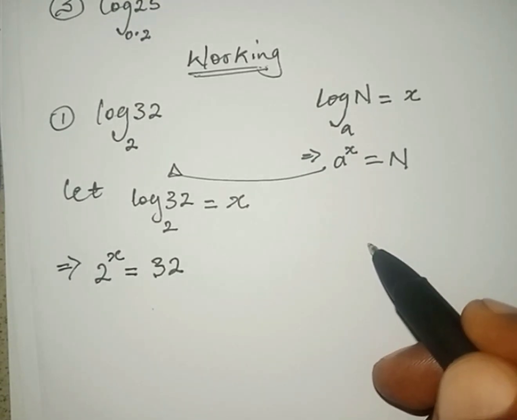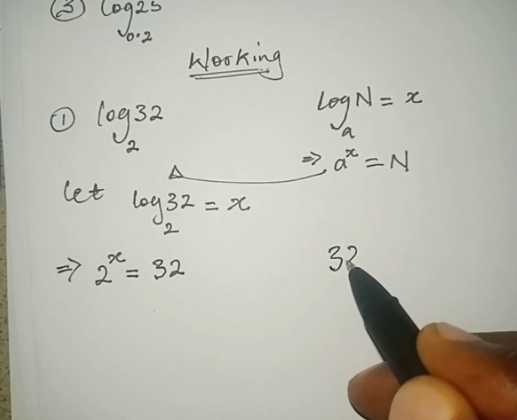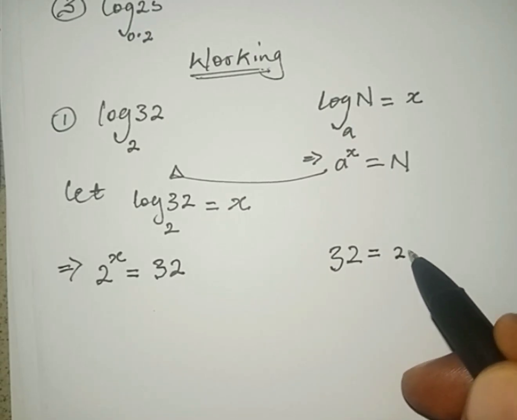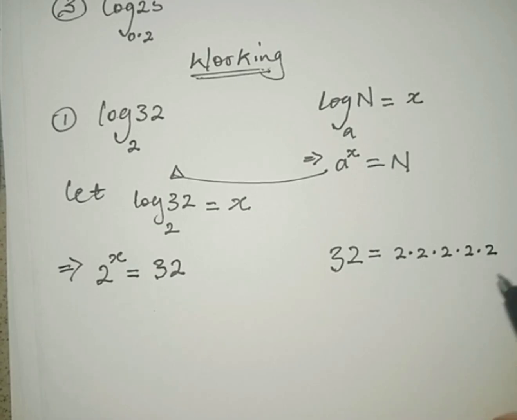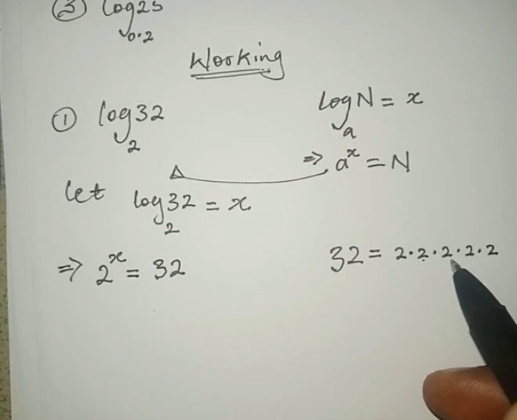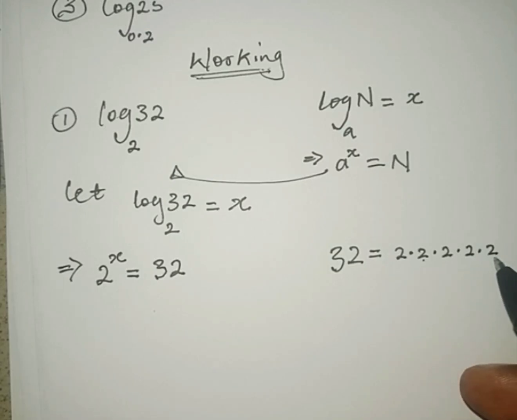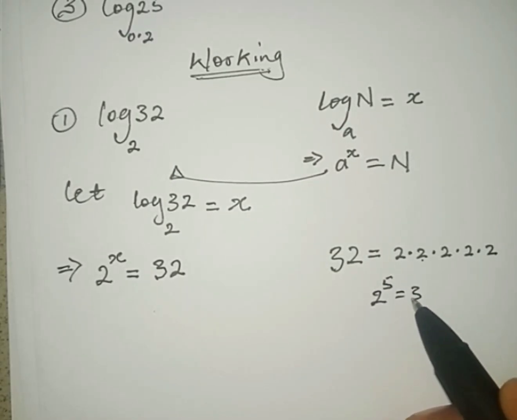Now note, we are going to write this in the lowest common base. 32 can be written as 2 times 2 times 2 times 2 times 2: 2 times 2, 4, times 2, 8, times 2, 16, times 2, 32. Therefore, 2 raised to the power of 5 is 32.